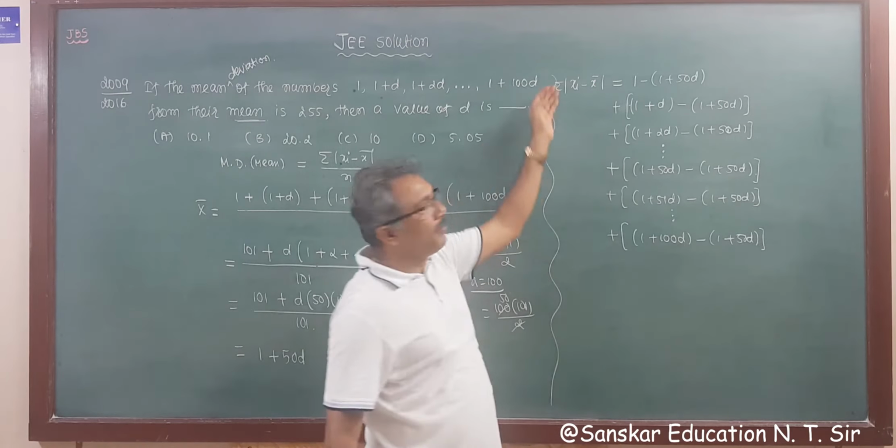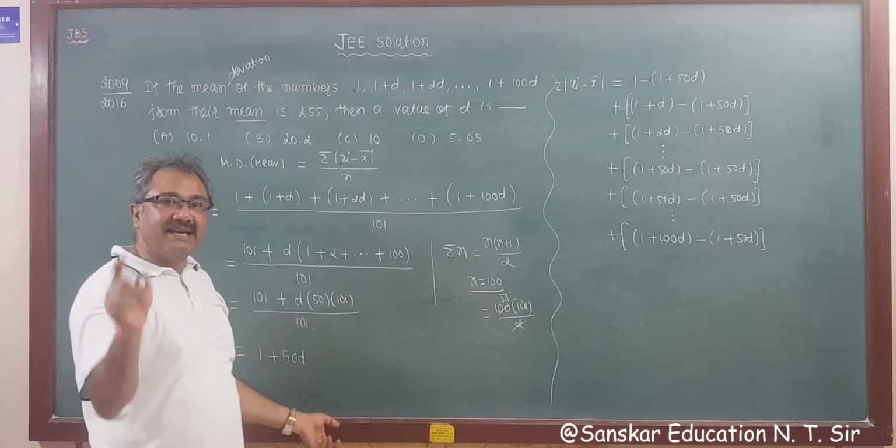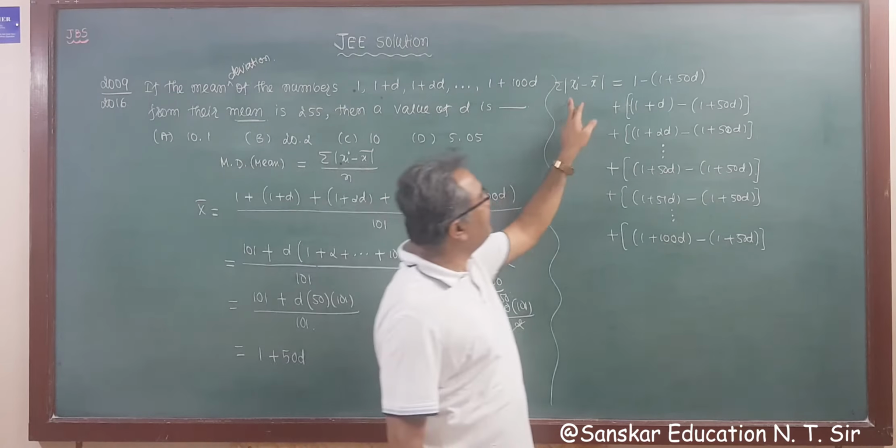This is the sum of xi minus x bar, that is, the deviation from mean.